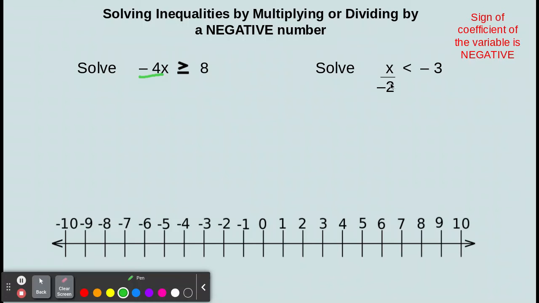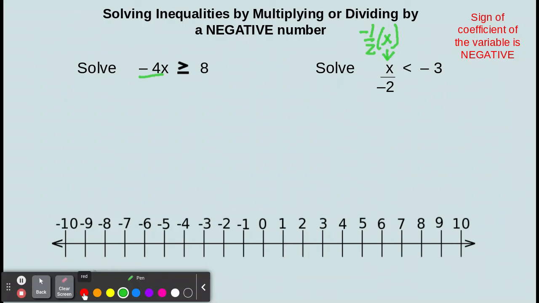Again, here, excuse me, here's x, the variable, and its coefficient is negative 1/2, right? Because you can write this as negative 1/2 times x. That's the same as this. Okay, so basically, if your variable has a negative sign in front of it, there's something special you need to do, and we're gonna go over that.